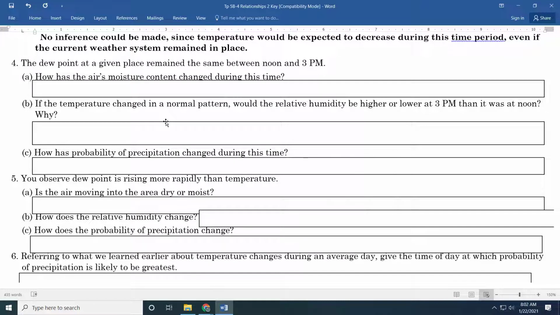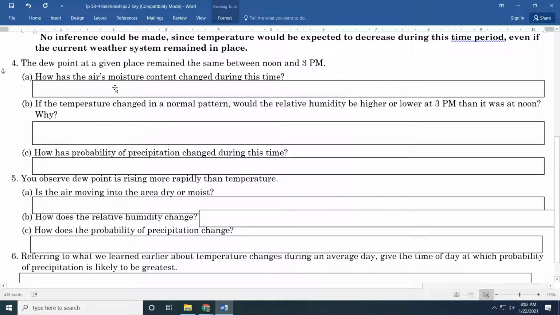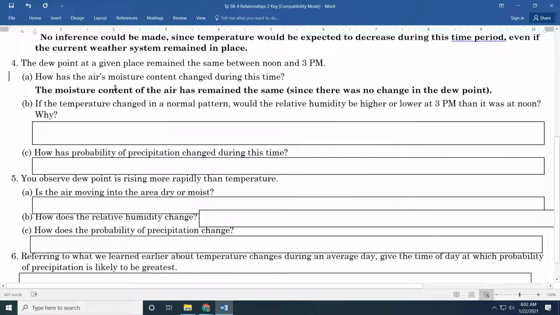It tells you the temperature you'd have to cool the air to for it to be saturated, and that indicates how much water is in it. So if the dew point stayed the same, the air's moisture content stayed the same because the dew point tells you how much moisture is actually in the air, and since it didn't change, the amount of moisture in the air didn't change.